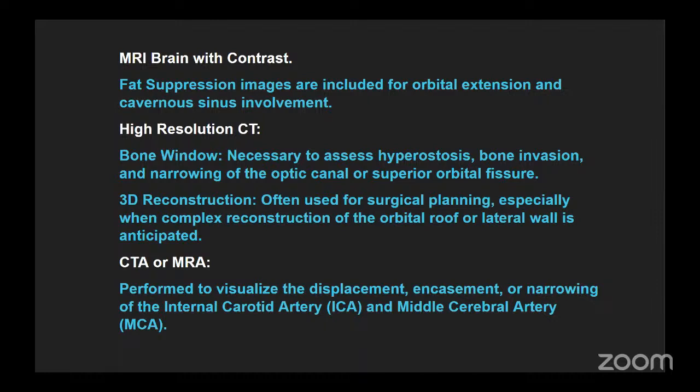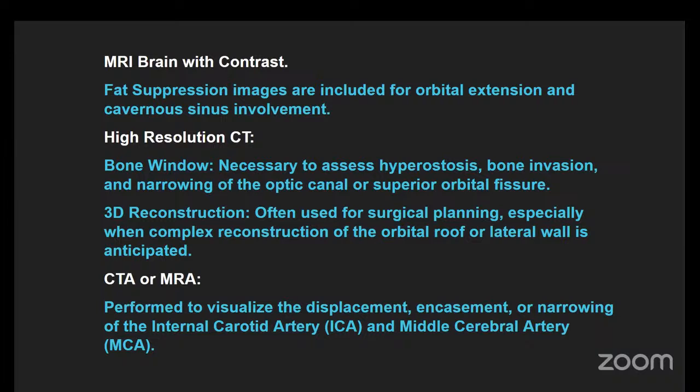CT or MRI is usually not needed unless the lesion is very medial, because T2 weighted images are going to be sufficient in usual cases. Endovascular embolization of the feeders is possible if they are not from ICA.